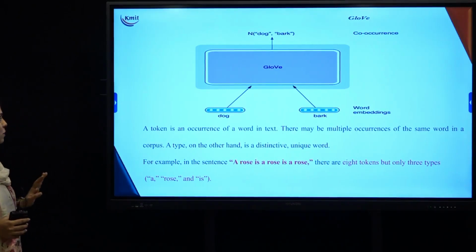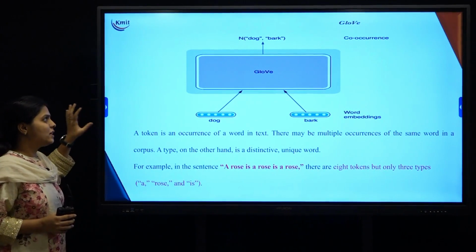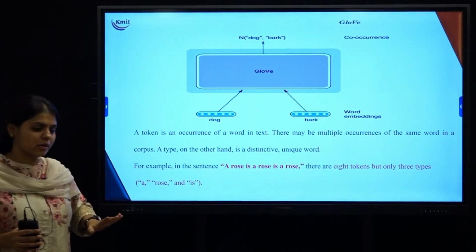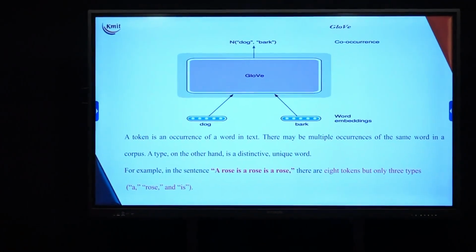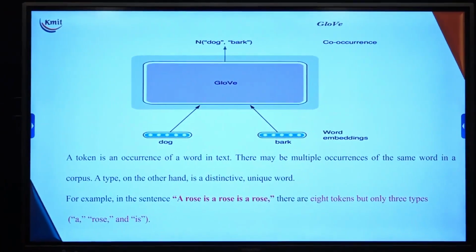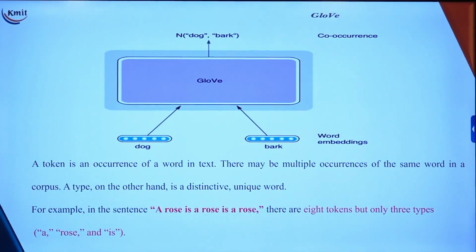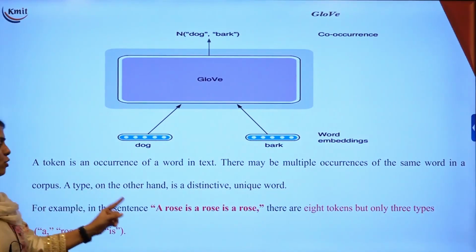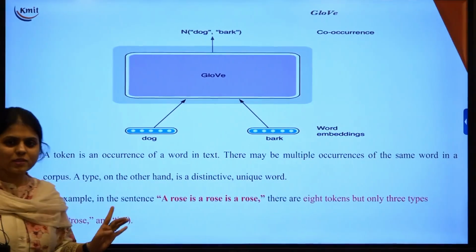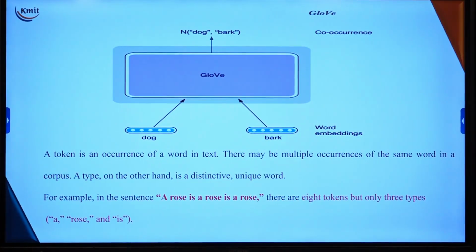So when we talk about co-occurrences, a token is nothing but the occurrence of a word in a text. If you have multiple occurrences of the same word in the corpus, we will consider only one word. For example, look into this sentence: a rose is a rose is a rose. I have rose repeated 3 times here. There are 8 tokens but only 3 types.